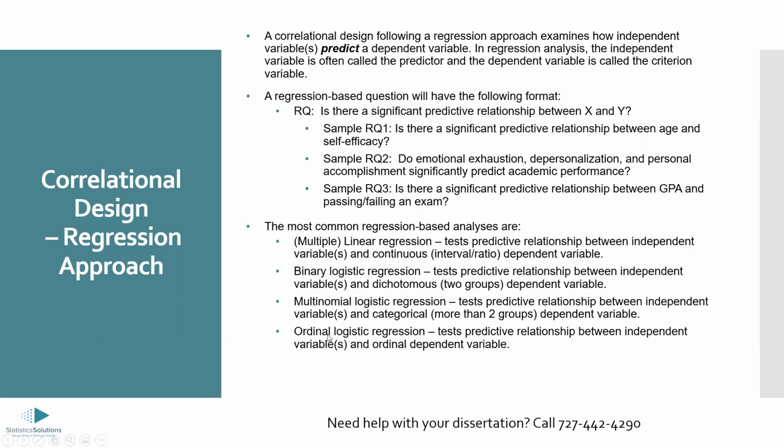And finally, we have ordinal logistic regression, which is used when your outcome is an ordinal measurement. So that's a better example if education was your outcome, and you're trying to predict how GPA predicts education level. Because education has multiple levels that go up a ladder, that's when you would do an ordinal logistic regression.